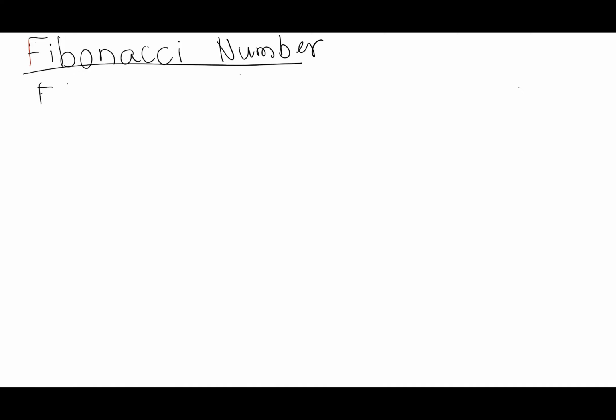Okay, so let's talk about another recursive problem. This is called the Fibonacci number, or some call it Fibonacci. Yes, whatever it is. So the base case for this problem is, we know the 0th Fibonacci number is 0, and the first Fibonacci number is 1, okay?